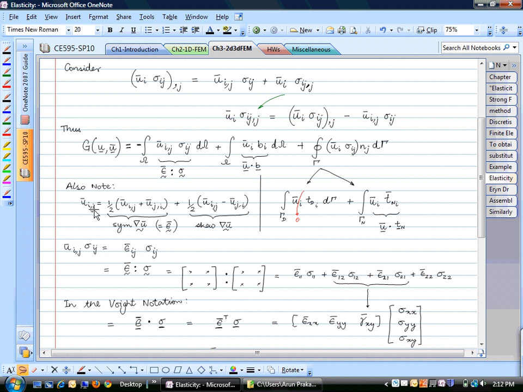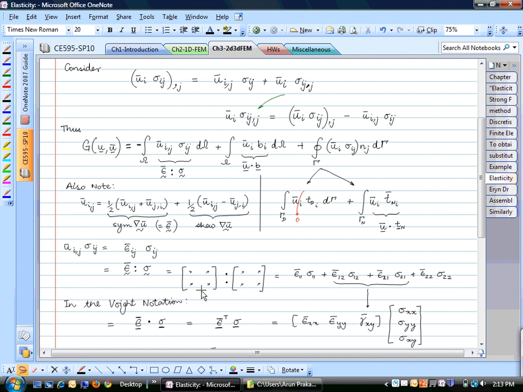So when we take the double dot, by the way, the double dot is an operator where we take element 1,1, multiply it with element 1,1 here, and sum up all the terms like this.